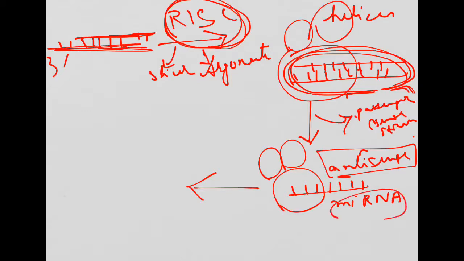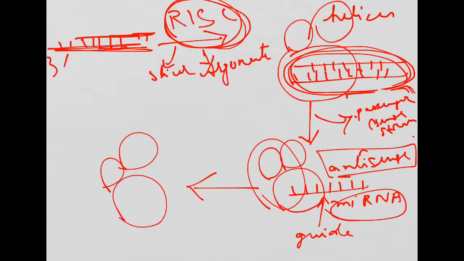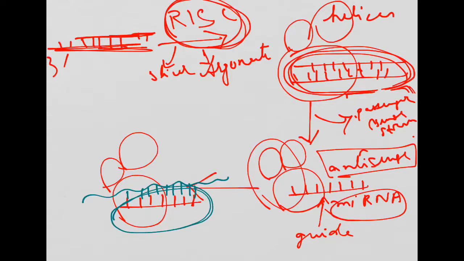Now this miRNA molecule is known as the guide strand, because it will guide this RISC protein to bind to the target mRNA molecule. Suppose this is your target mRNA molecule and this will bind here. The miRNA molecule will not have complete sequence similarity with the target mRNA molecule. Okay, it will have some mismatched sequence complementarity.